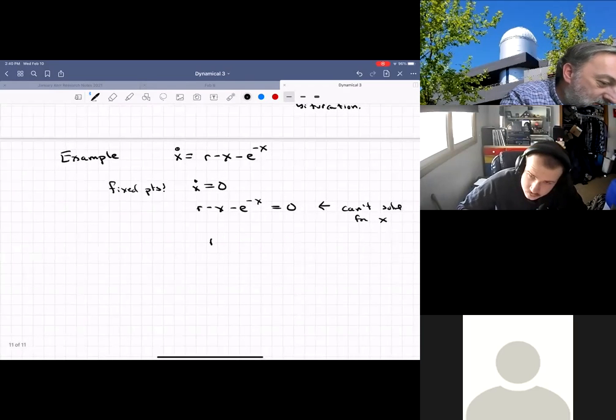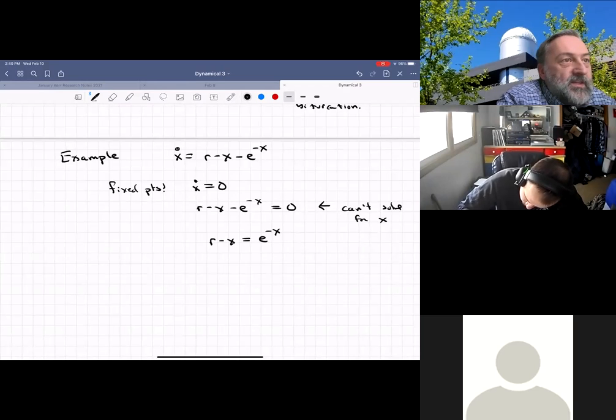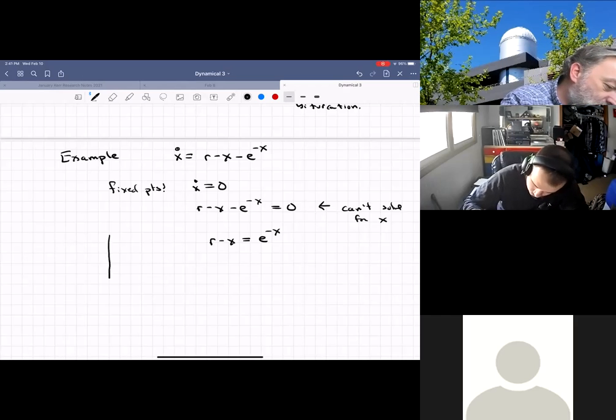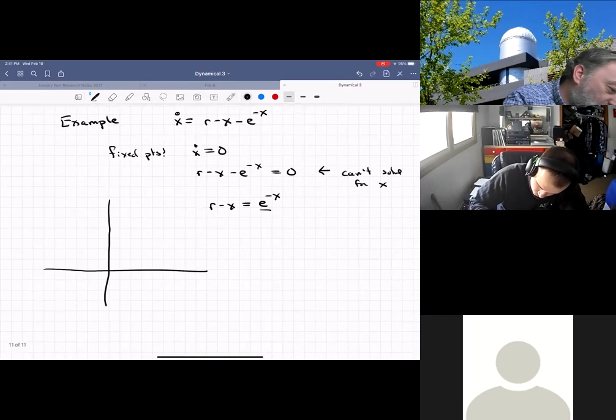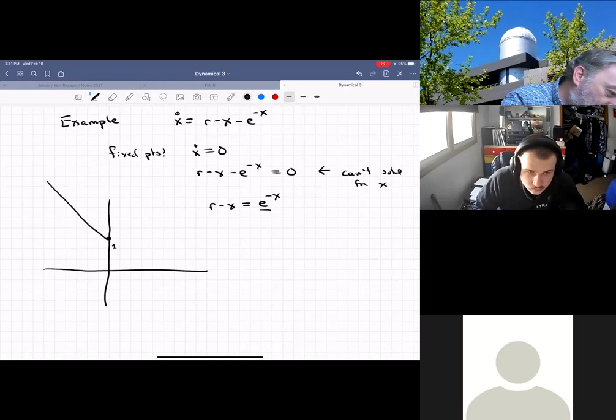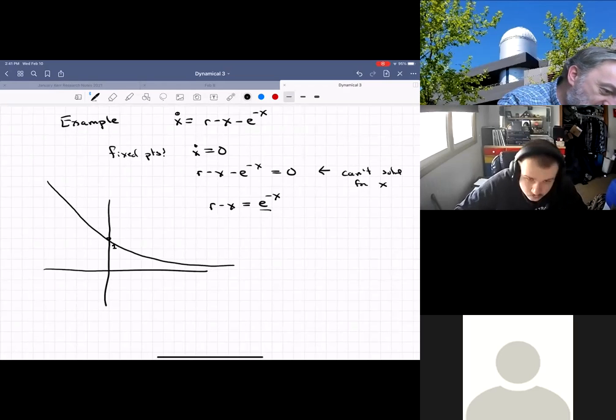On the other hand, if I move the e to the minus x to the other side, I can then draw e to the minus x. It goes through 1, blows up over here, and asymptotes off to 0 out here. That's e to the minus x.